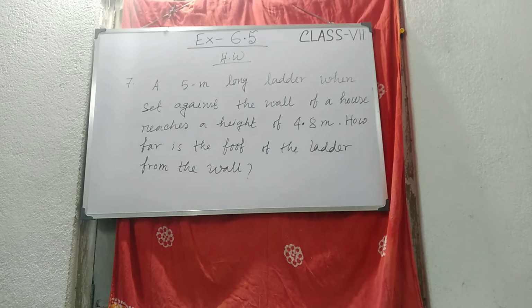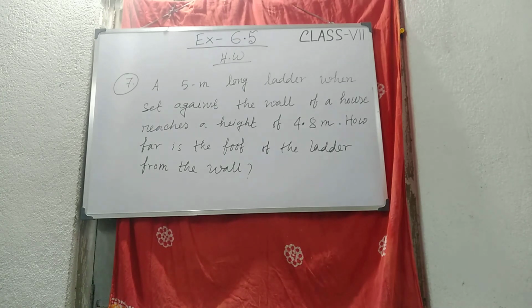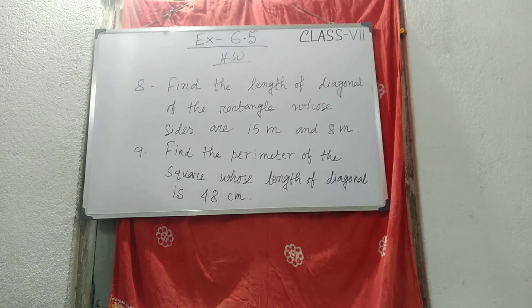Now your seventh homework. A 5 meter long ladder when set against the wall of a house reaches a height of 4.8 meter. How far is the foot of the ladder from the wall? Now, eighth homework. Find the length of diagonal of the rectangle whose sides are 15 meter and 8 meter.